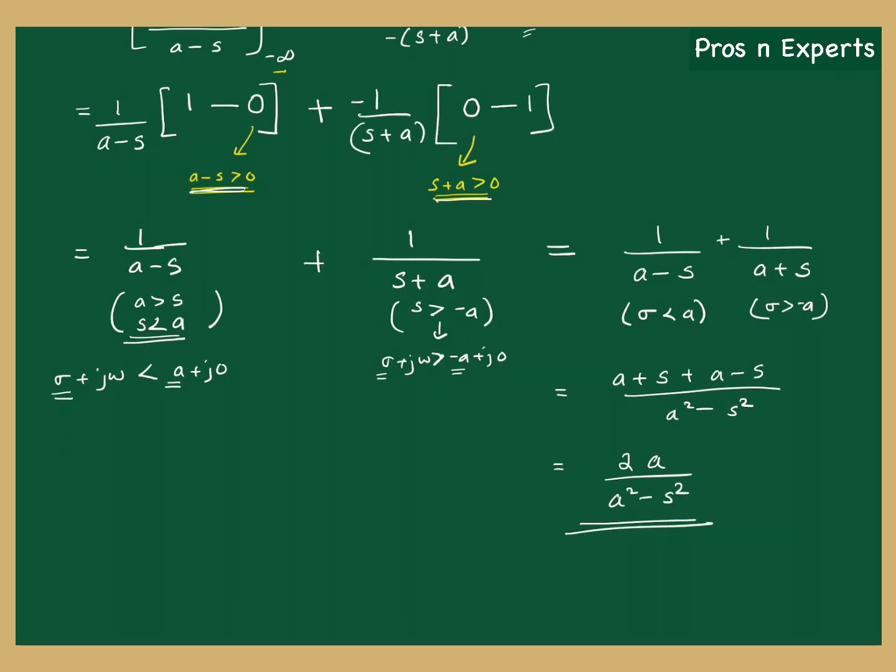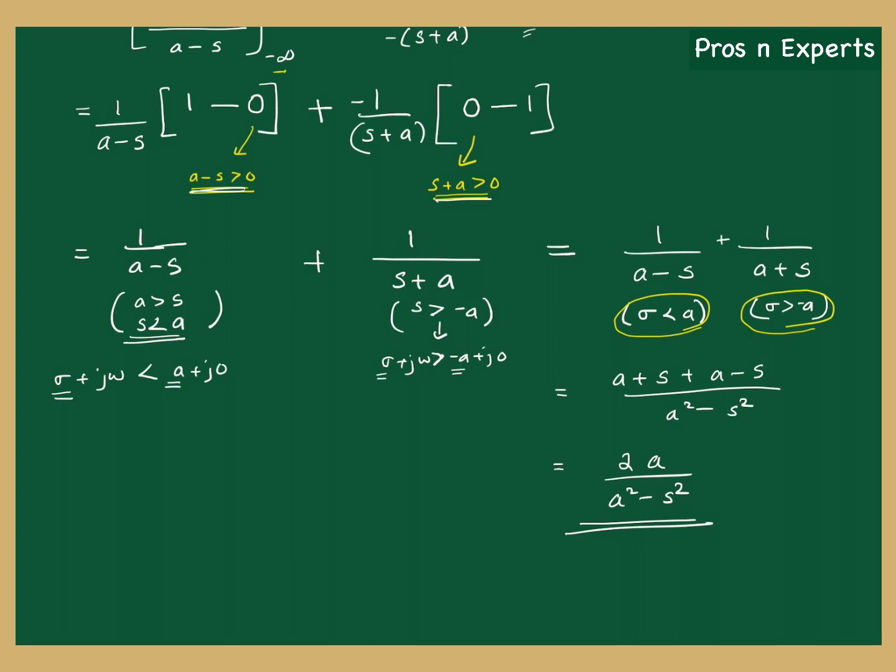Whenever you write a Laplace transformation, note carefully that you have to express its ROC also. And what is the ROC? You have sigma less than a for this term, and sigma greater than minus a for that term.